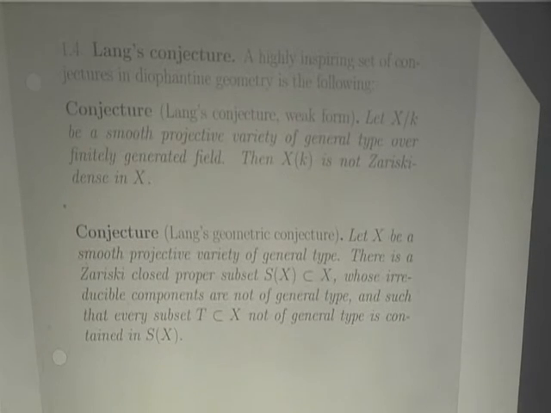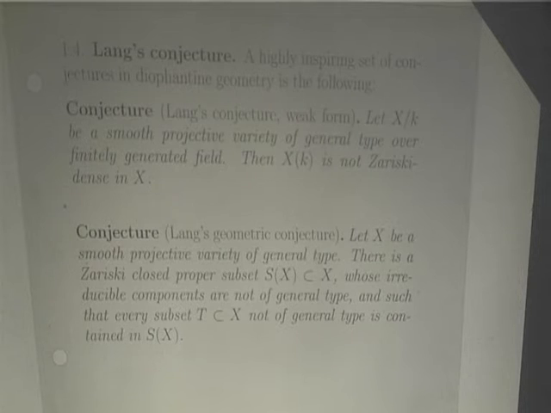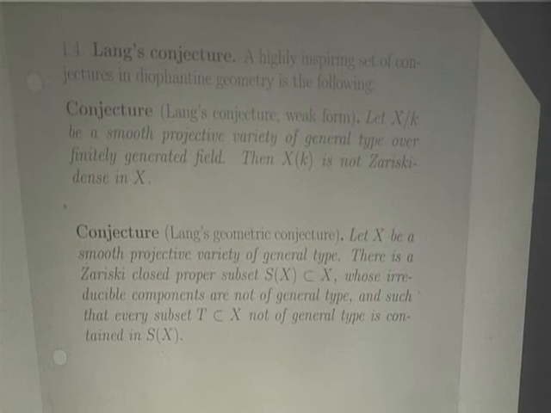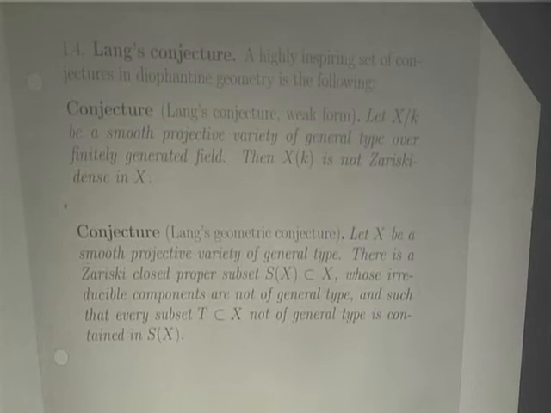In fact, it could be just any field which is finitely generated over Q. It doesn't need to be a number field, but number fields are good enough. Then the rational points are not Zariski dense in X. So Lang conjectures that if you throw away a closed subset, you won't find any rational points on your variety, if the variety is of general type.